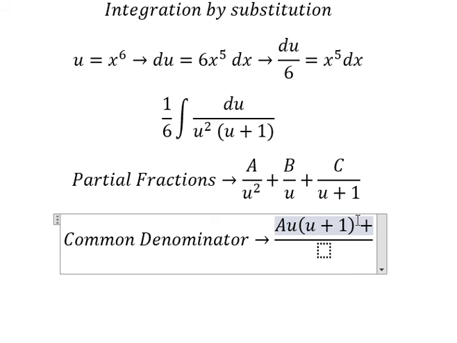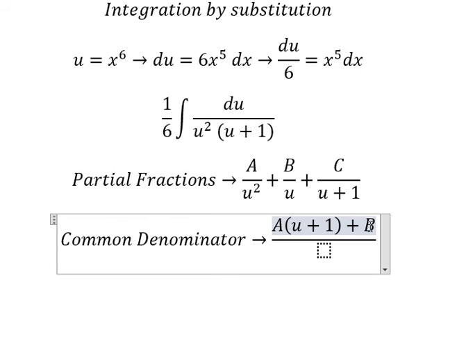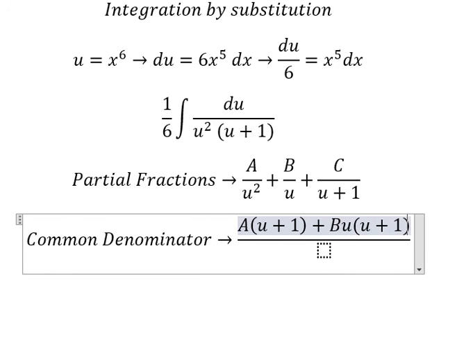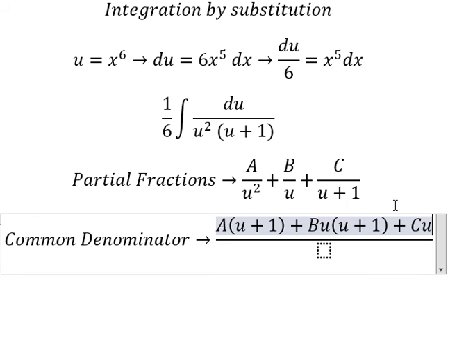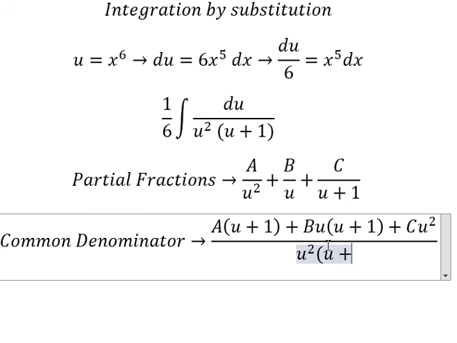Capital B, because we have u square in here. About capital B, we multiply by u with u plus 1. That's it, correct right now. And capital C, that's about u square. So in here, we have u square and u plus 1.